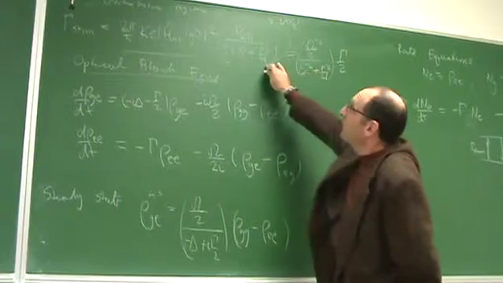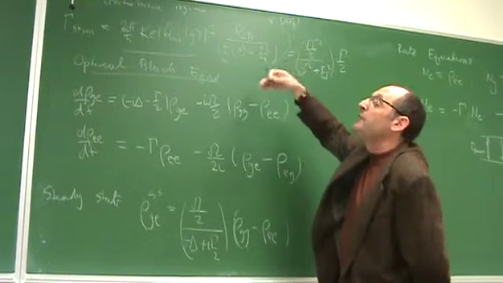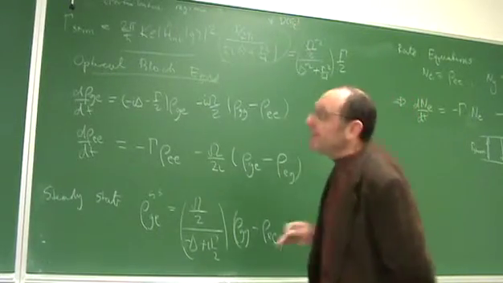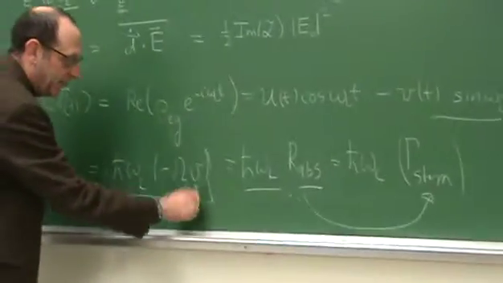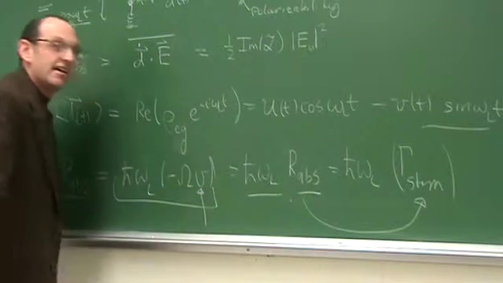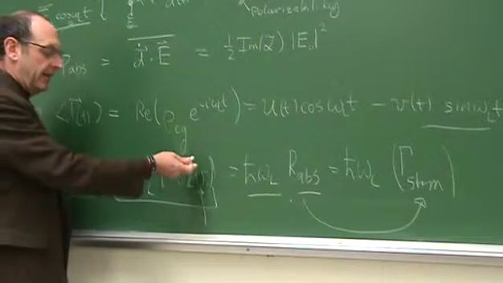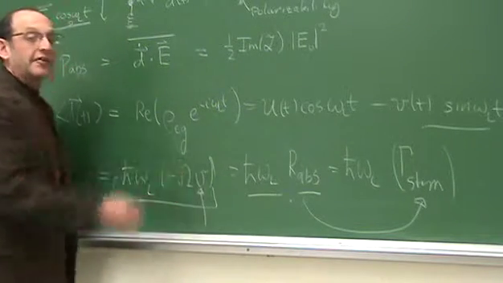And this Fermi's golden rule, which is the time-dependent perturbation theory solution for the transition rate, is exactly the same thing that we get from this expression if we plug in for v based on the perturbative solution to the master equation.